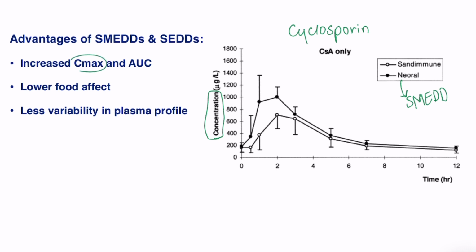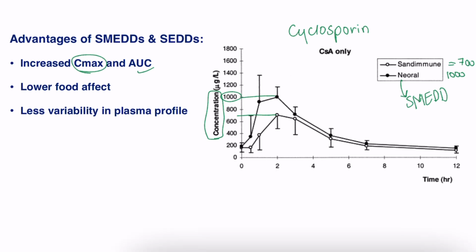However, the Cmax of both the drugs is different. For the SMEED form, it was almost 1,000, while for the Sandimmune, it was almost 700. So that shows that the SMEED or the SEED can lead to increased Cmax.